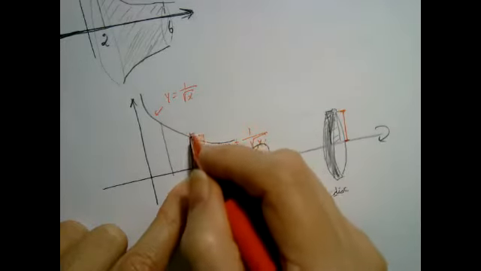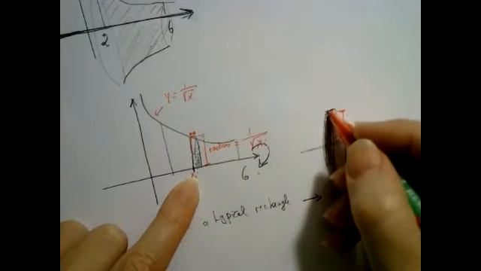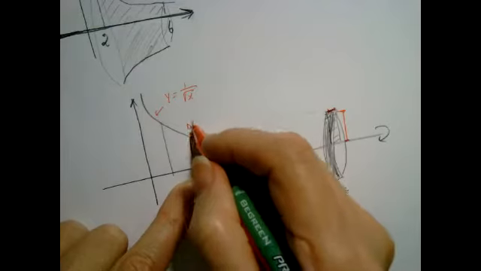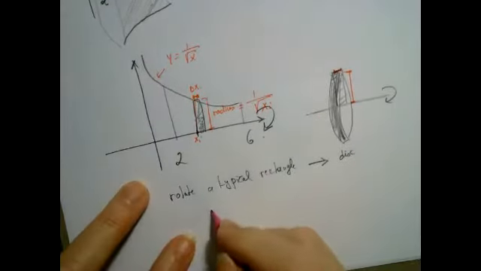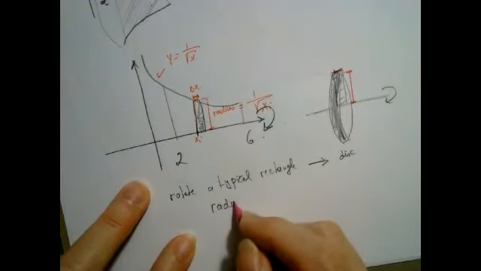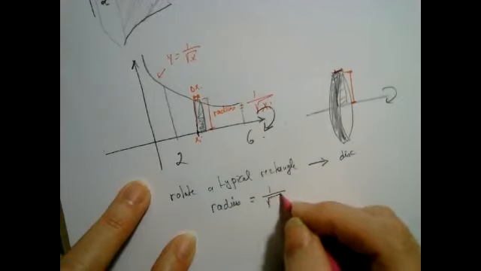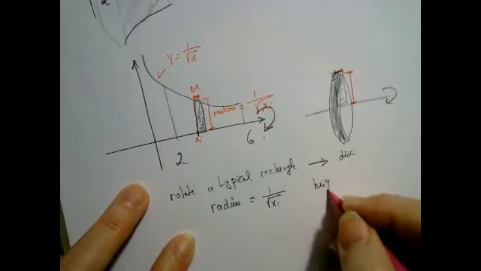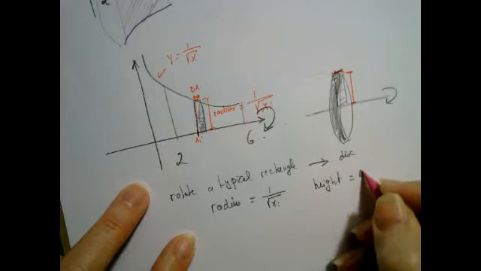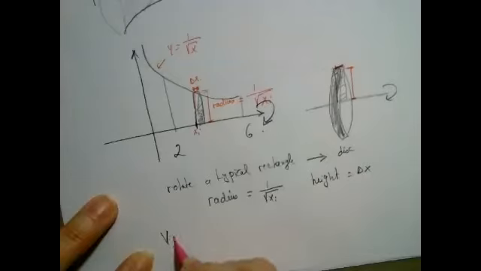And that's the height of my disk. It's a disk, so the thickness is very tiny. That's the delta x. So now the radius is nothing more than 1 over the square root of xi. The height is the delta x.